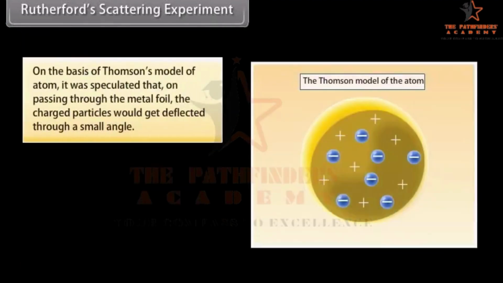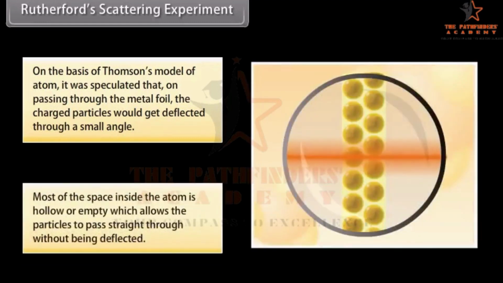On the basis of Thomson's model of atom, it was speculated that on passing through the metal foil, the charged particles would get deflected through a small angle. Observations: 1. Most of the space inside the atom is hollow or empty, which allows the particles to pass straight through without being deflected. 2.